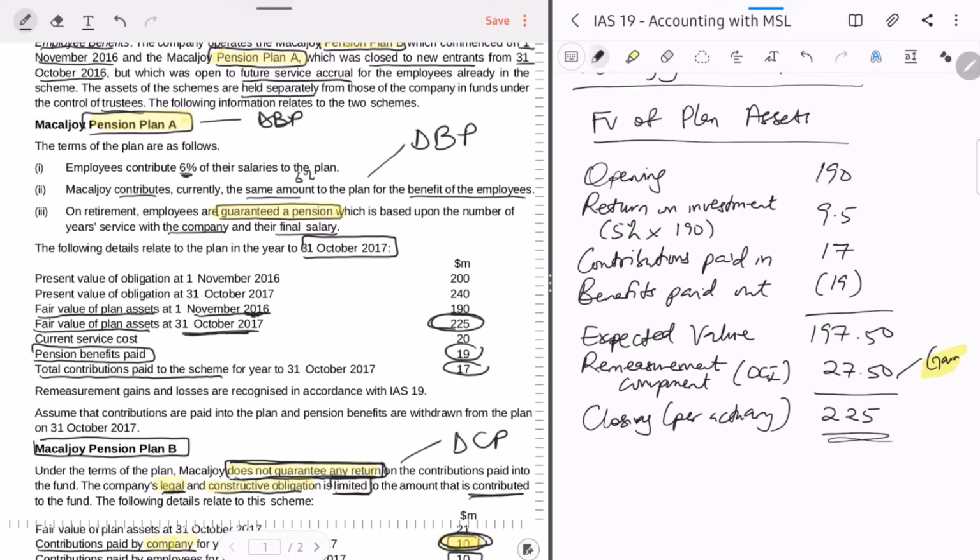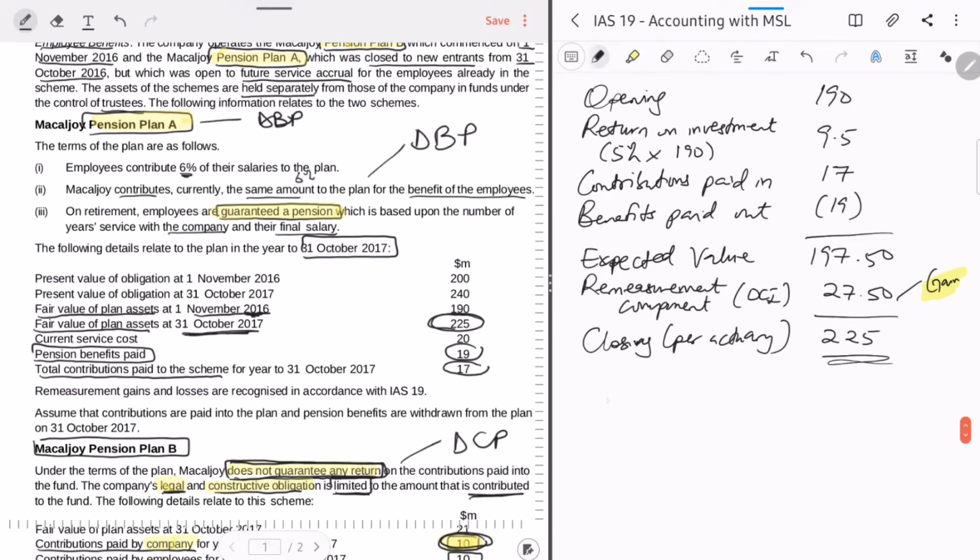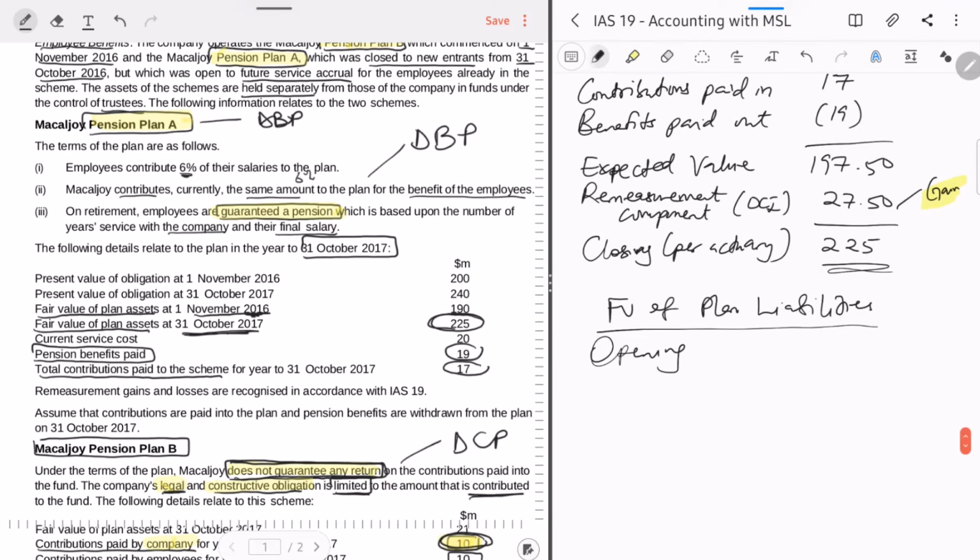Let's look at the fair value of plan liabilities. So fair value of plan liabilities. As usual, remember I told you there's an opening value. So here, let's come to this side. You can see present value of obligation at 1st November 2016 is what? 200, right?